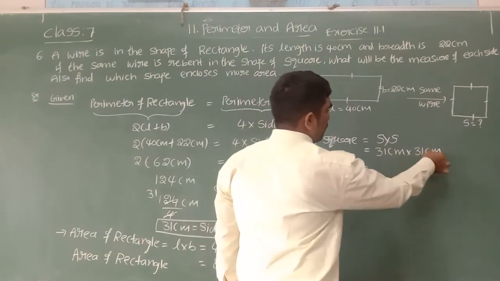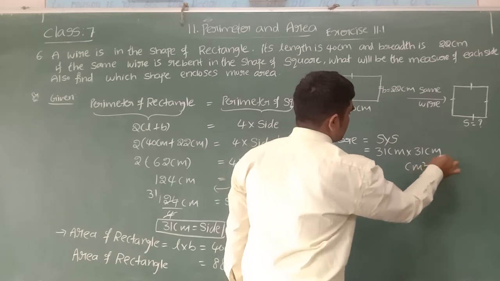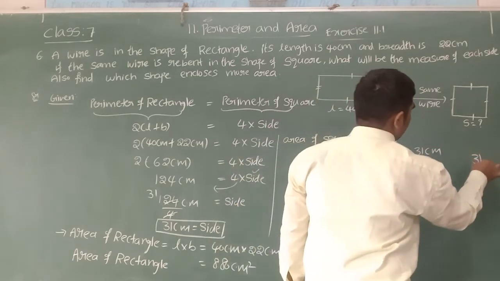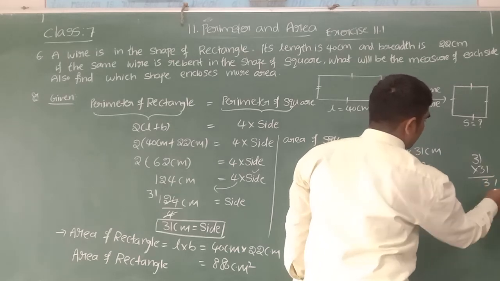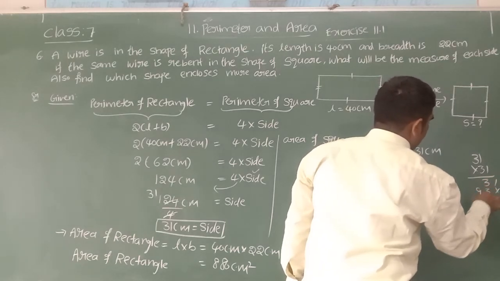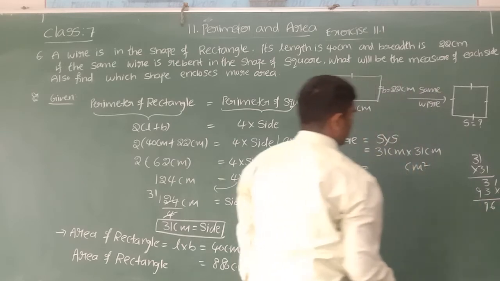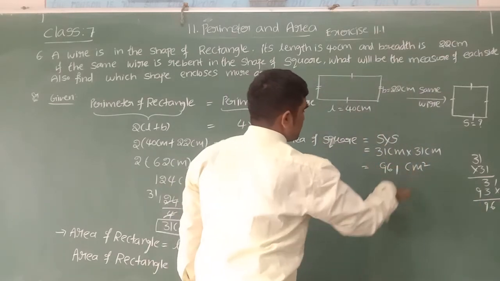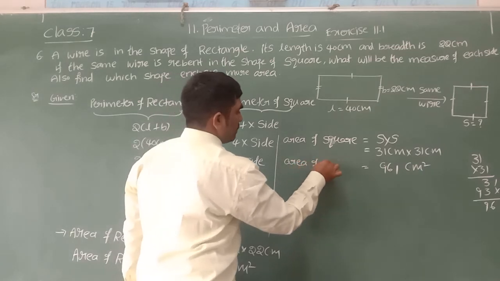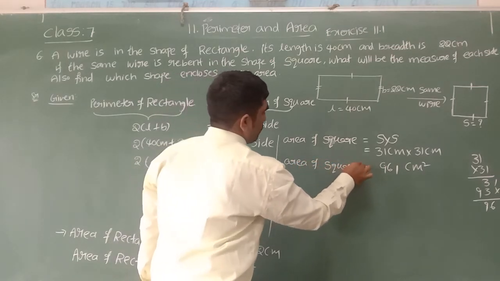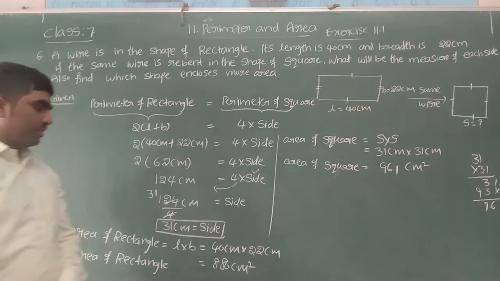When I multiply this, it gives square centimeters. 31 into 31: 1 3s are 3, 1 1 is 1, so 3 1s are 3, 3 3s are 9, which is 961 square centimeters. Area of square is equal to 961 square centimeters.